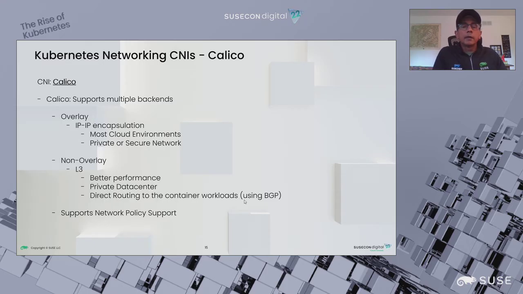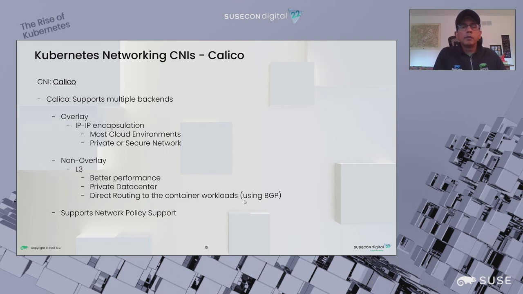The second CNI that we see commonly in the field is Calico. The most common use of Calico is for non-overlay layer 3 networking. It provides great performance. It's good to use in private data centers where you have more control over the environment.